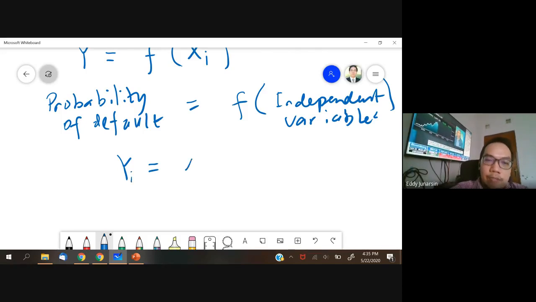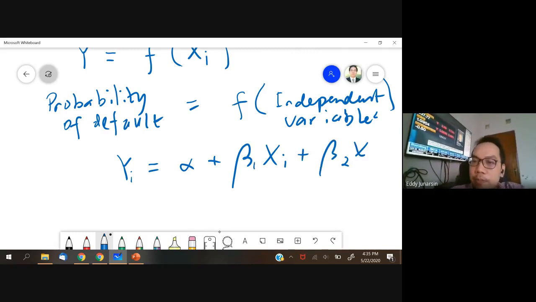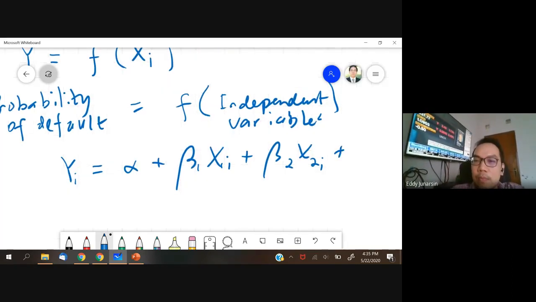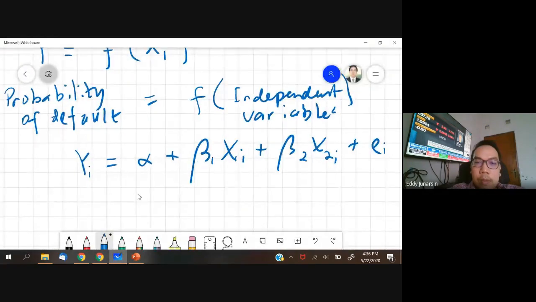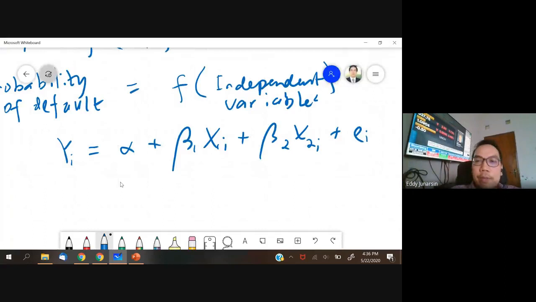We'll have alpha, plus beta 1 of maybe the first variable, and then beta 2 of the second variable, and so on.